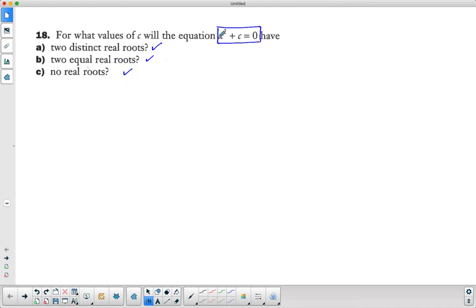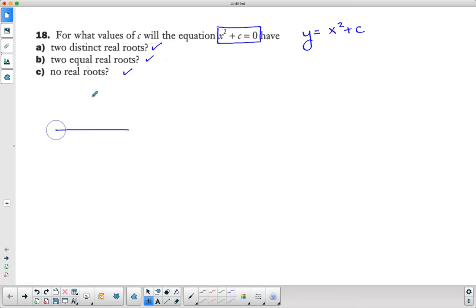You have to remember what a parabola looks like if the equation it represents has 2 x-intercepts, only 1 x-intercept, and no x-intercepts. So the first thing you remember is that if x squared plus c equals 0, what I'm really trying to do is figure out where y equals x squared plus c crosses the x-axis.